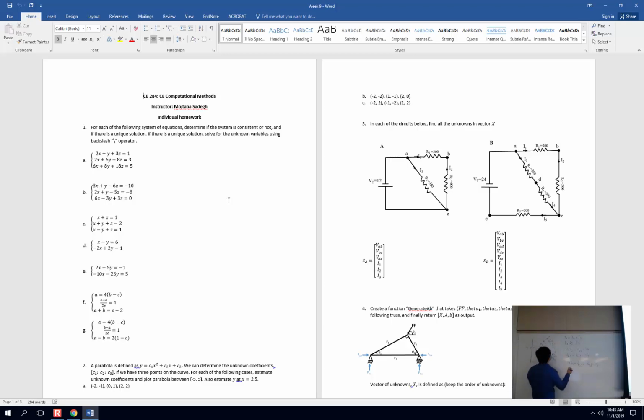The rest of it is VAB equal to R1 I1. VAC is equal to R2 I2. VBC is equal to R5 I5. VBD is equal to R3 I3. And VCD is equal to R4 I4.